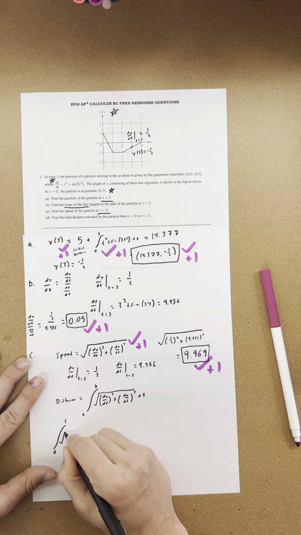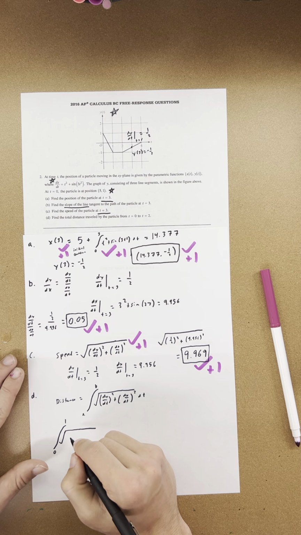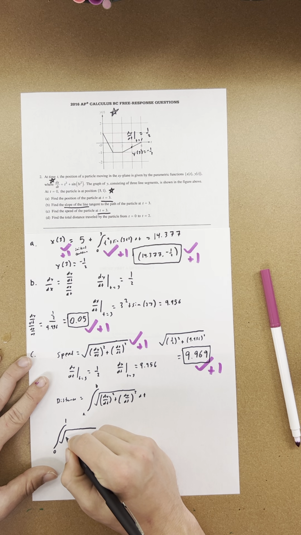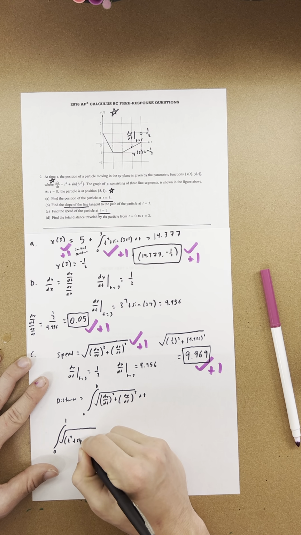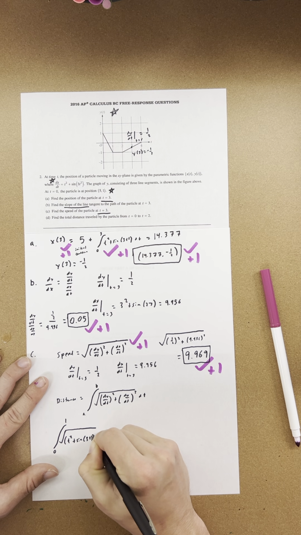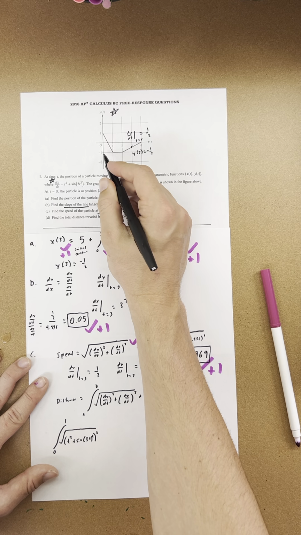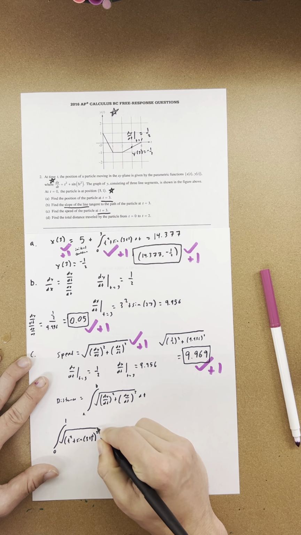So dx/dt is going to be the same for both. So let's just find that right there. The square root of t squared plus sine 3t squared. Don't forget the square root. And then from t equals 0 to t equals 1, that's -2, so plus -2 squared.